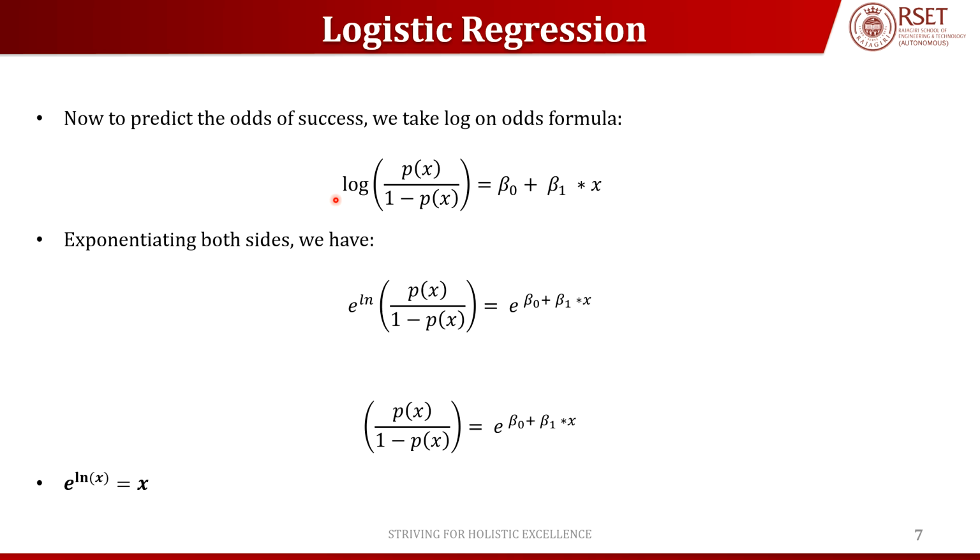When I take exponentiation, it will be converted into natural logarithms: e raised to ln of p of x by 1 minus p of x equals e raised to beta 0 plus beta 1 x. So we know that e raised to ln of x is the same as x. So we can rewrite this as p of x by 1 minus p of x equal to e raised to beta 0 plus beta 1 x.